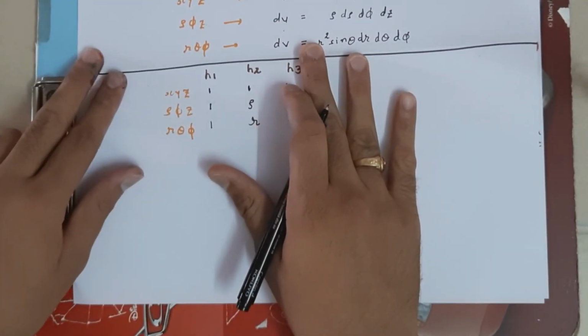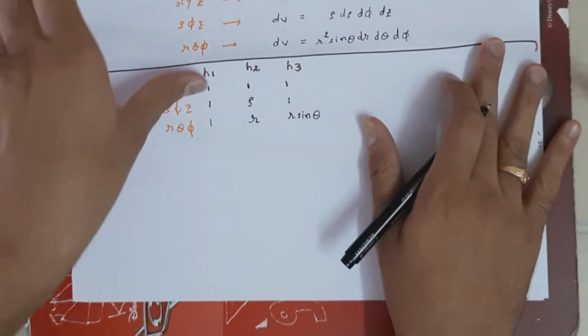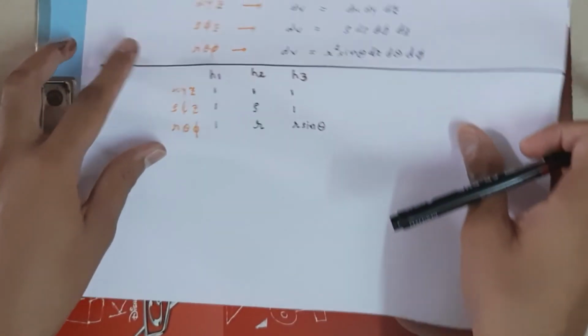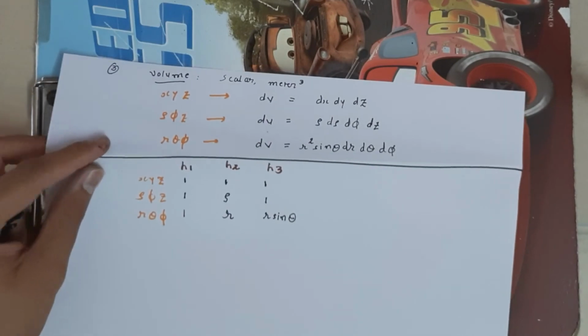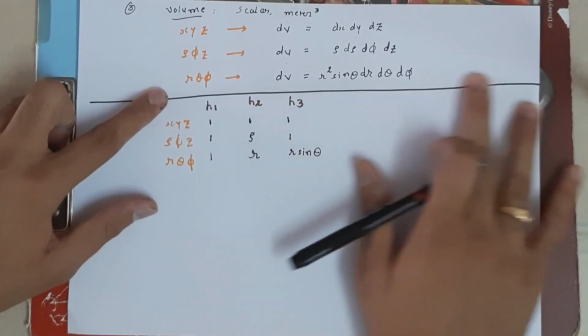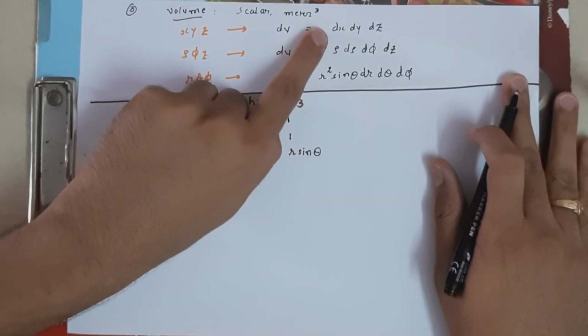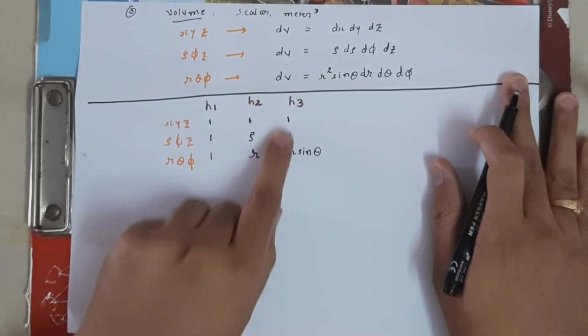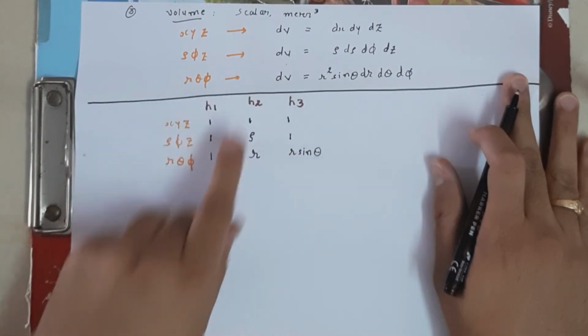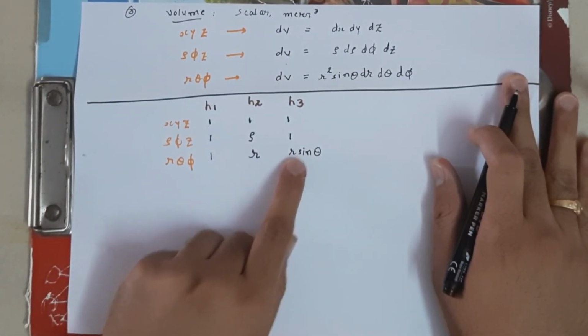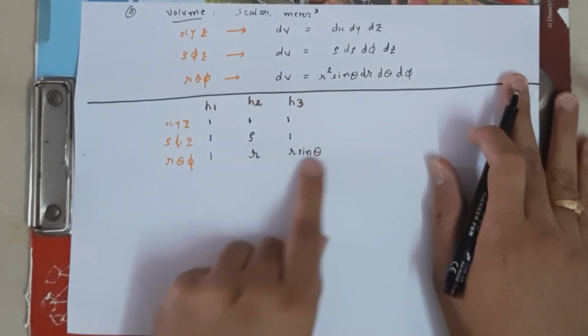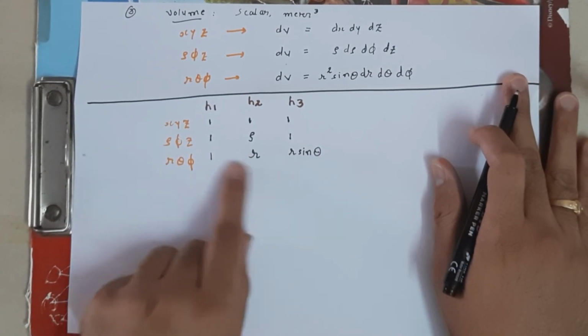Similarly for the equation of volume, I have to do just a simple multiplication. 1 into 1 into 1, so the coefficient is 1. 1 into rho into 1, so the coefficient is rho. 1 into r into r sin theta, so it is r square sin theta.